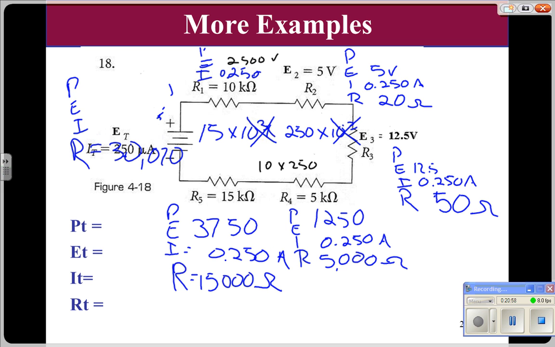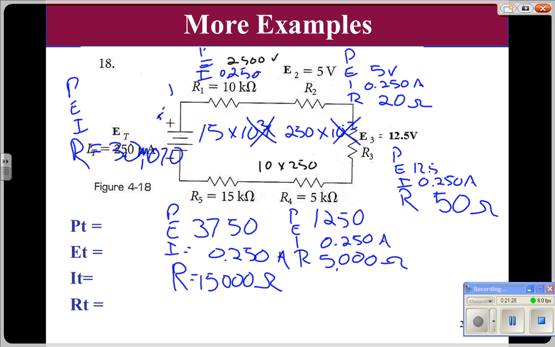So everything's off by a factor of 10. What we're going to do is finish solving this with this as milli instead of micro. Someone should have caught me on that and said, hey, that's not milli, that's micro. That's okay, though. My fault. So anyway, we're going to assume it's milliamps because I've calculated all this with milliamps.